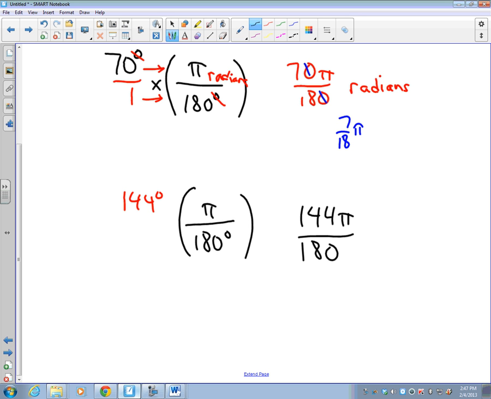So that is the answer. It's fine. I can reduce it if I feel like it. And I guess the only time where it would really matter is if your answer is in a multiple choice and you have to recognize which one is your correct answer, and they probably would put it in reduced form. So in that case, you could reduce this. And you could see that 9 goes into both of these things.